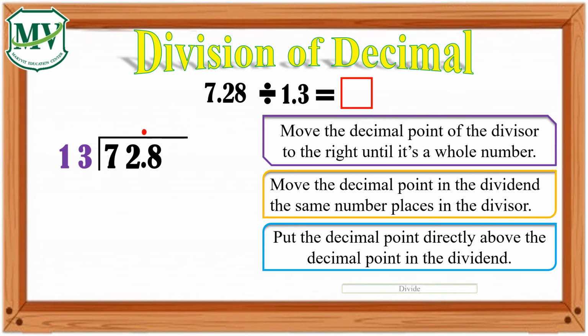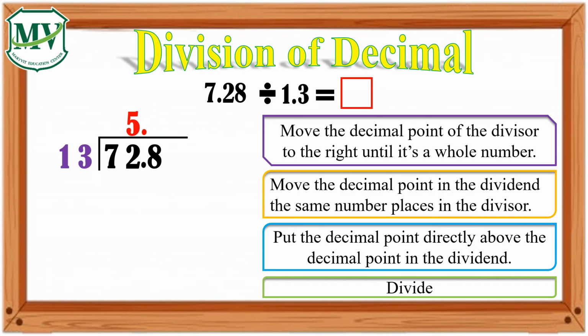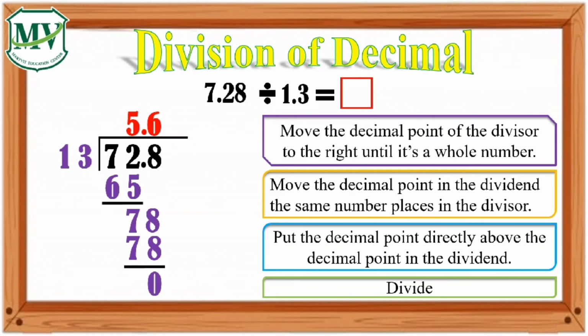Lastly, divide as usual. Therefore, the quotient of 7 and 28 hundredths and 1 and 3 tenths is 5 and 6 tenths.